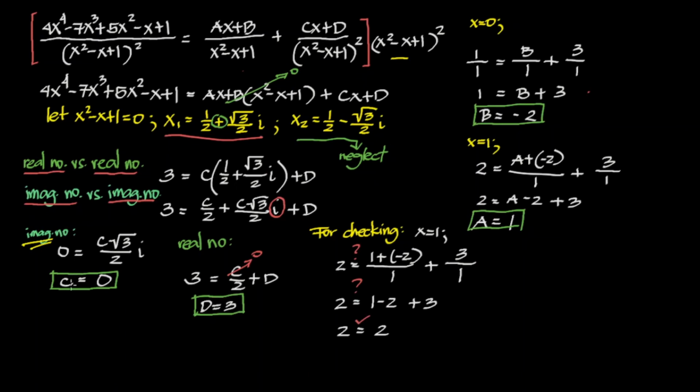Tama yung mga nakuha natin na value ni A, B, C, and D. Okay, so yun lang kapag may nakita kayong mga imaginary number, ito lang yung gagamitin nyo. Ito yung concept ni real number versus real number, and imaginary number versus imaginary number.